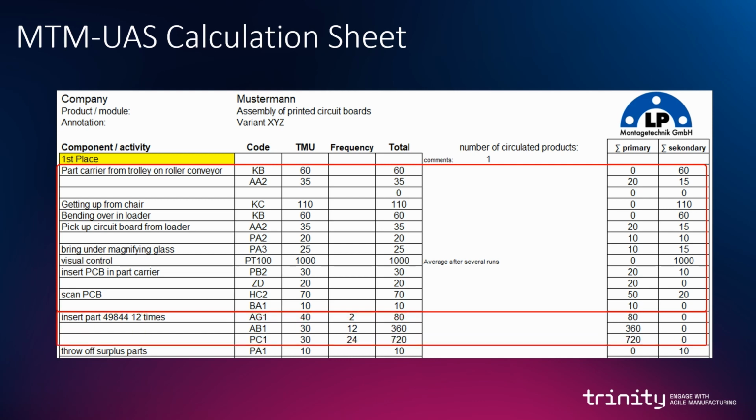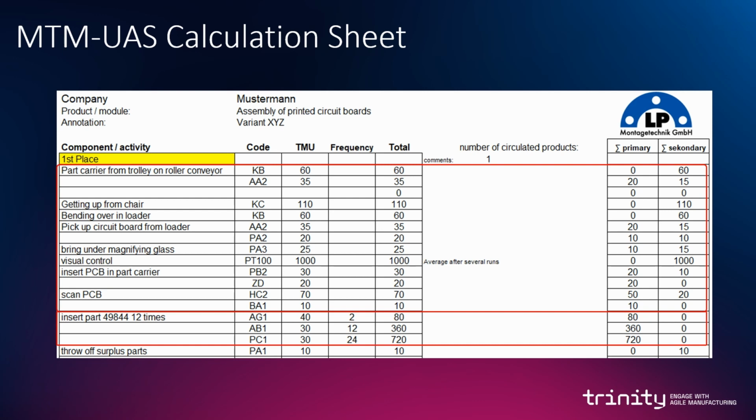Next, all the individual parts are picked up one after the other from the supply bin and inserted into the printed circuit board. Since the components are quite small and each part has to be placed 12 times, it is possible to grasp quantities with one hand.